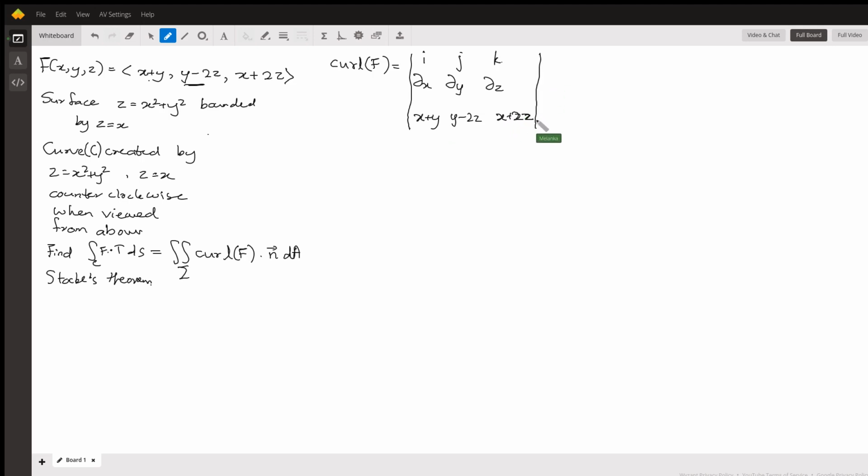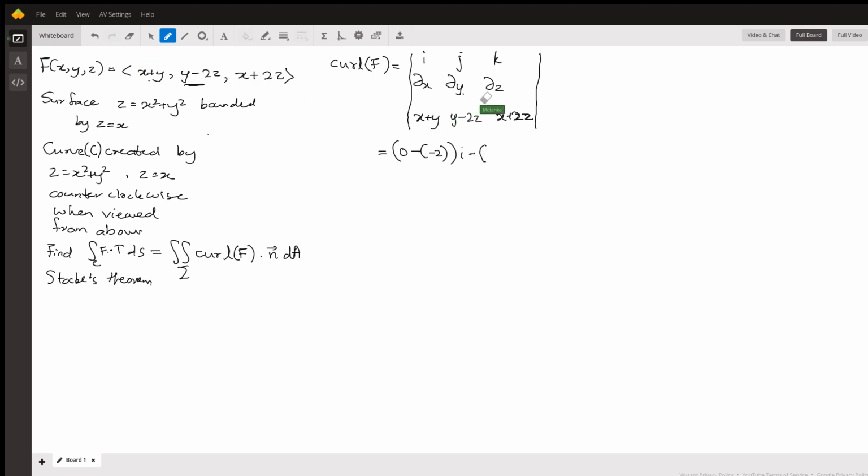Now we just need to find this. For i, we find the partial derivative of this with respect to y. We don't have any y here, so that's 0. Now we subtract the partial derivative of this component with respect to z, and that is negative 2. And the j component is negative, we start out with negative.